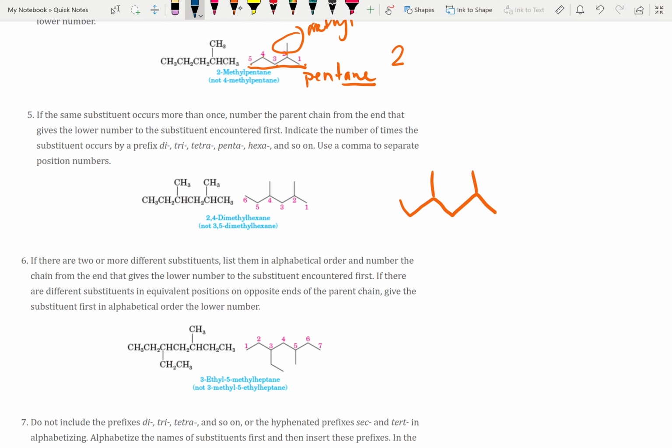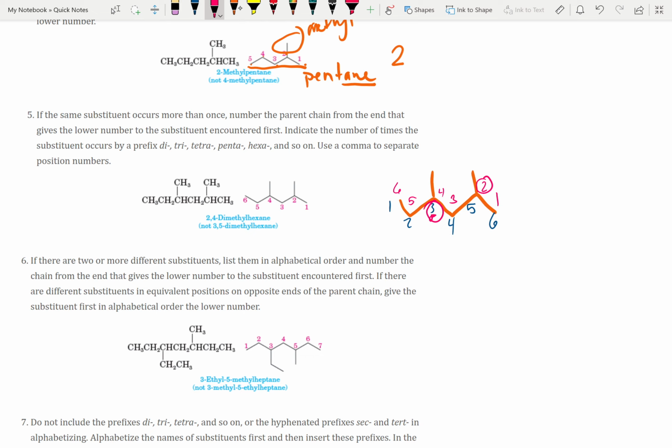So if you were counting 1, 2, 3 from the left side, and then we can do 1, 2, 3 from the right side. You see how for the navy, our first methyl group is at 3, and for our red, our first methyl group is at 2, right? So 2 is smaller than 3, so that's why we have to go with the red counting and not the navy.